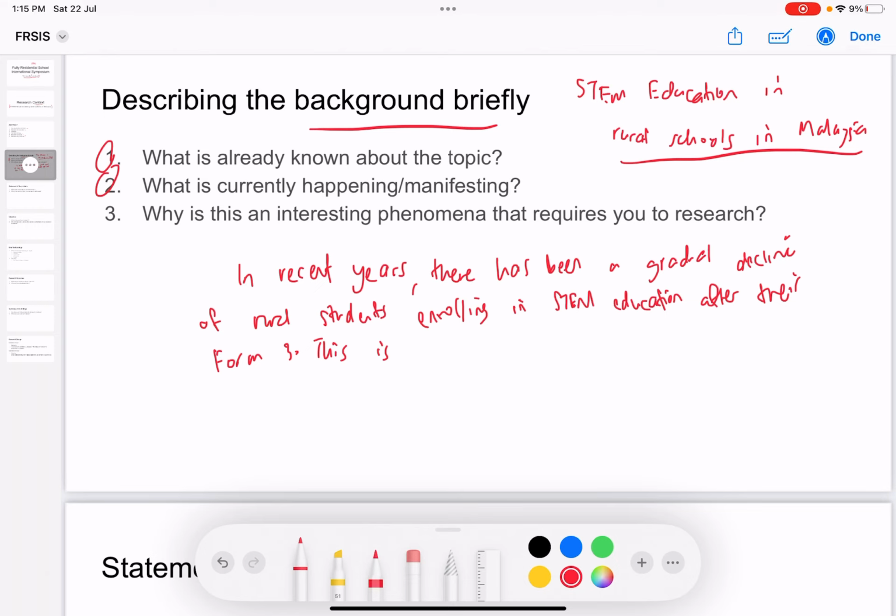Okay, so in recent years there has been a gradual decline of rural students enrolling in STEM education after their form 3.